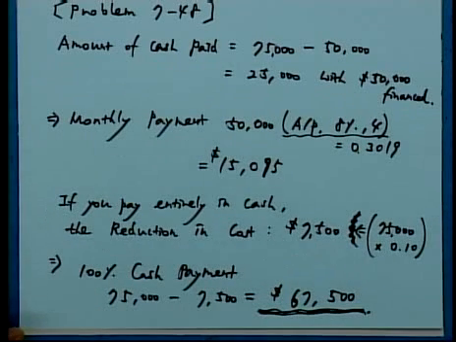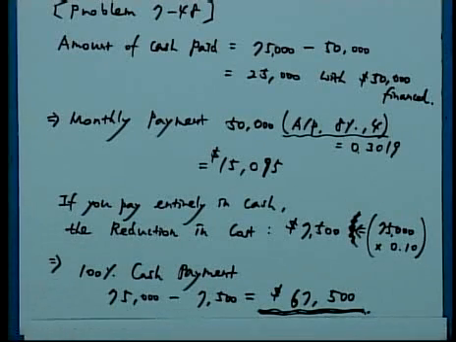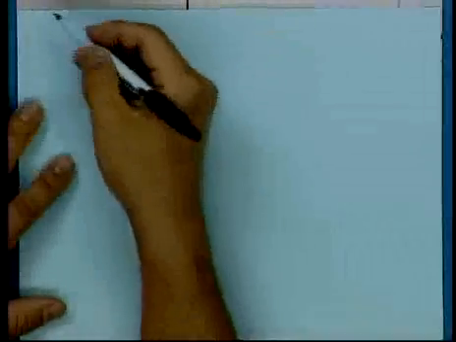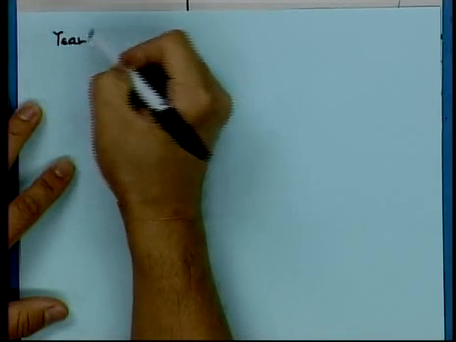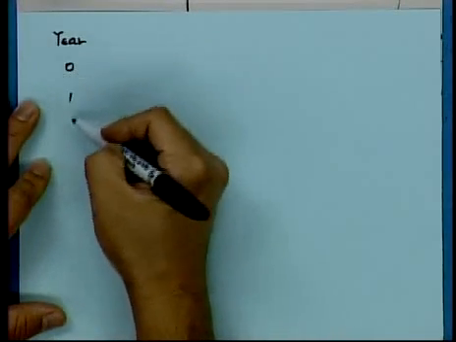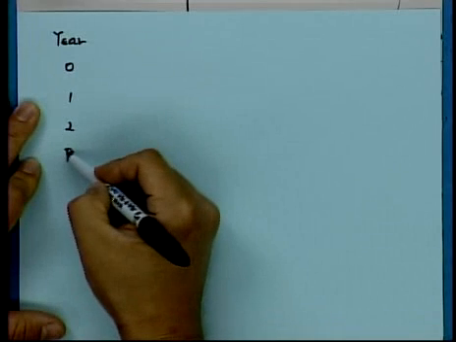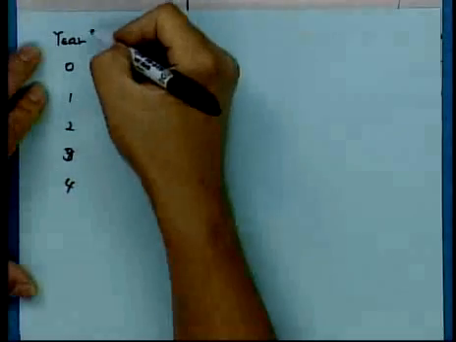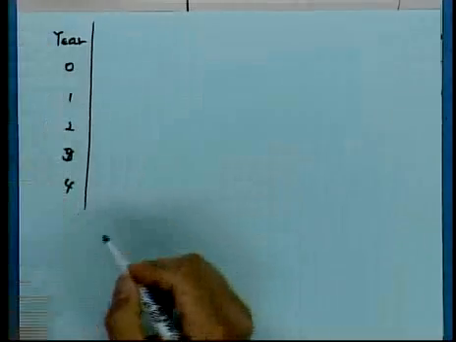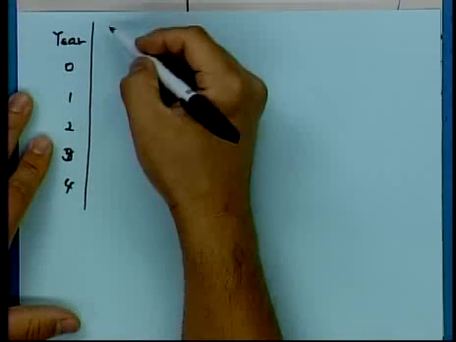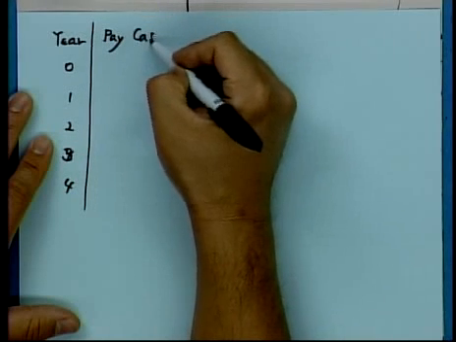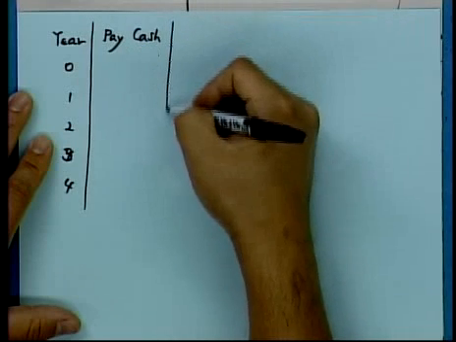Now we can build up a cash flow table based on all this information. So we are considering how many years? From 0 to 4. I'm sorry, 0, 1, 2, 3, and 4. Okay. And I'm going to put pay cash in the first column.